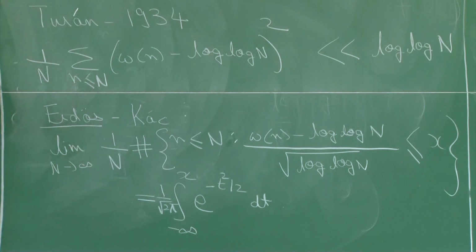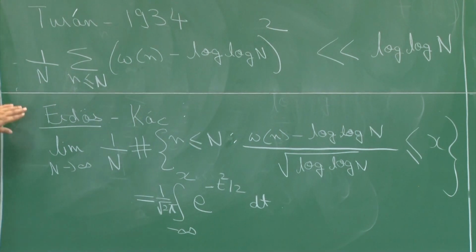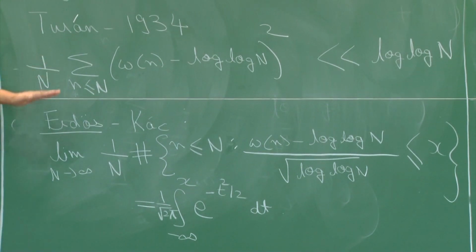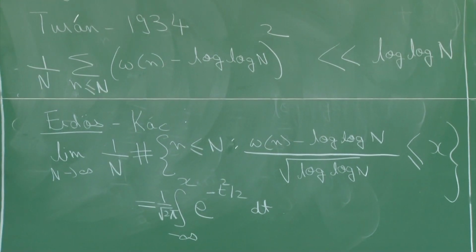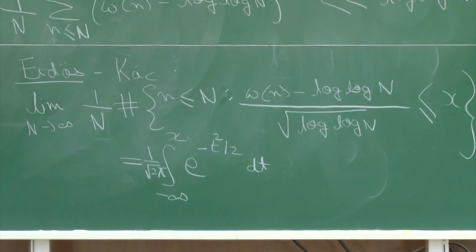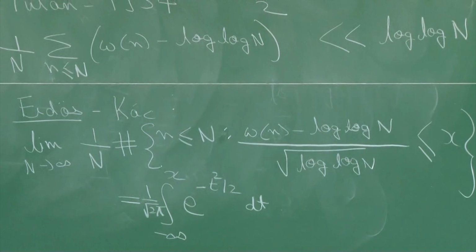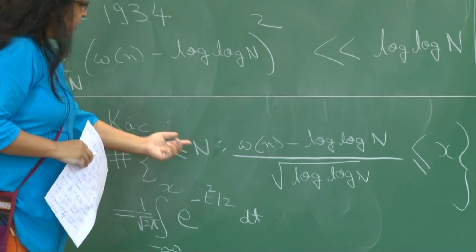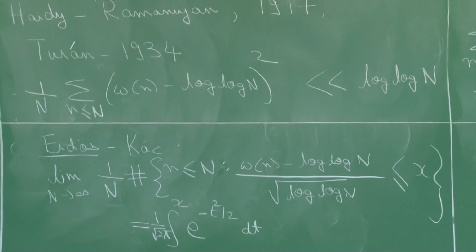Okay, and in the probabilistic sense that we had started talking about, this Erdos-Kac theorem can actually be interpreted as a central limit theorem. In your second year course that Chandrasheel taught, you learnt the statement of the central limit theorem. You did not learn a proof.